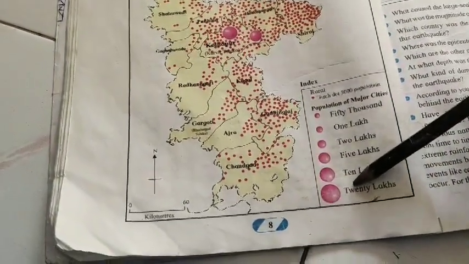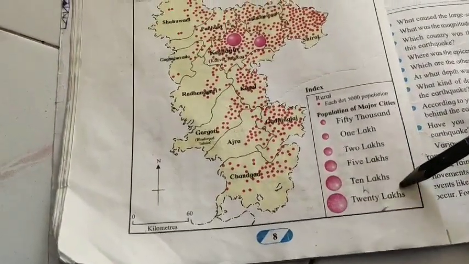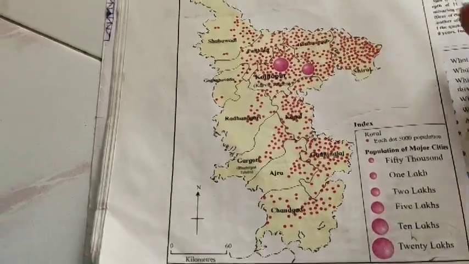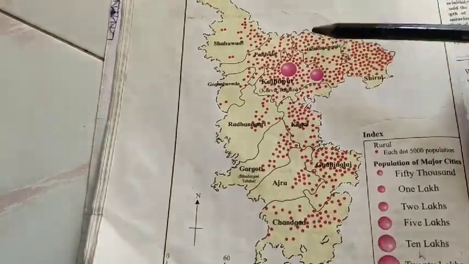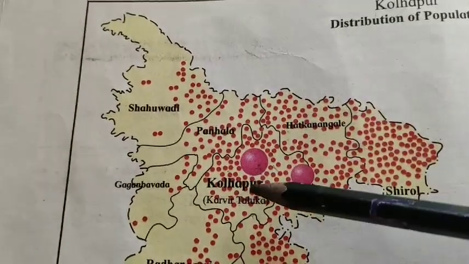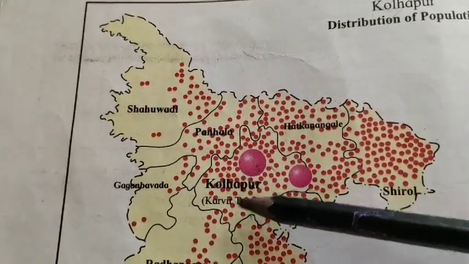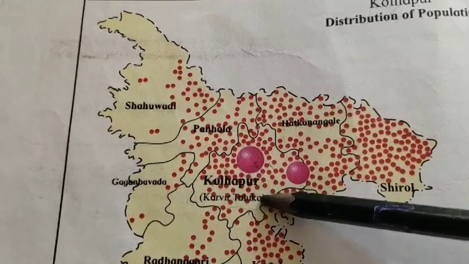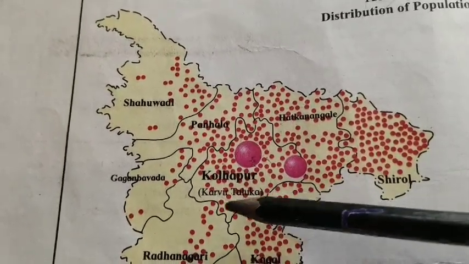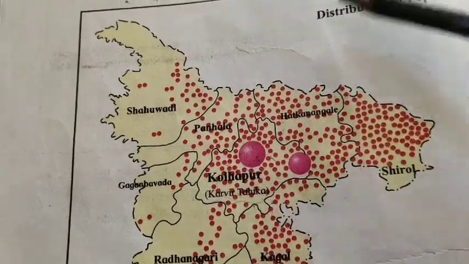What does it indicate? What is the population? It is 20 lakhs. So you will write down the answer 20 lakhs. And what do they ask further? Which place is that? Let us take a close look. It is Kolhapur city. But which taluka is that? It is Karveer taluka. So you will write down Karveer taluka.